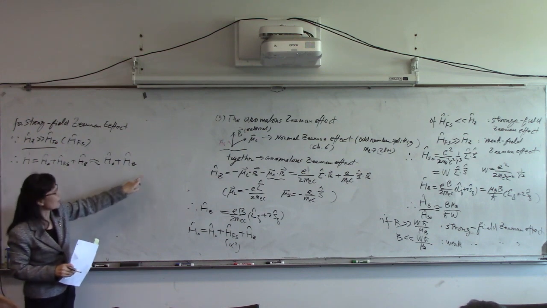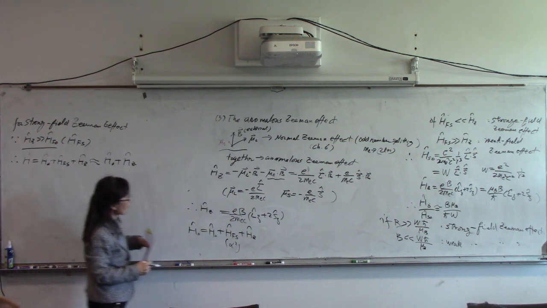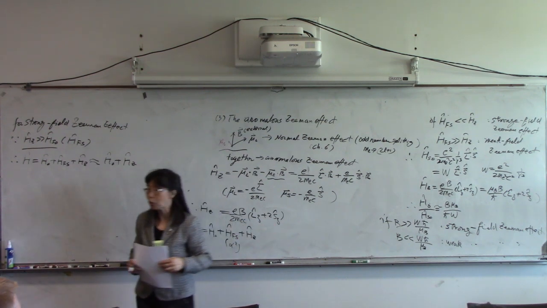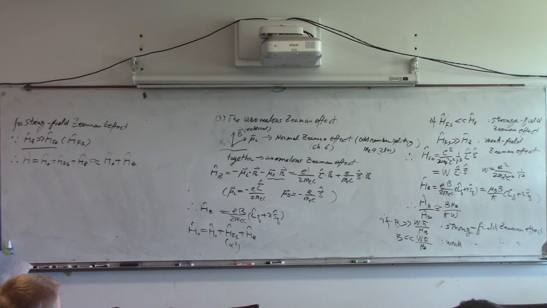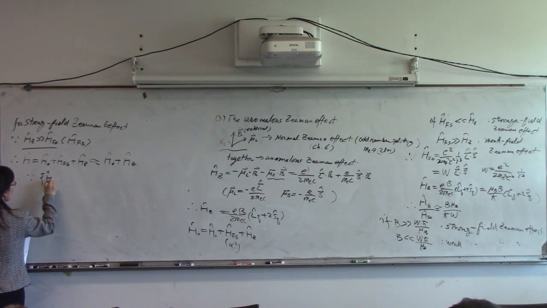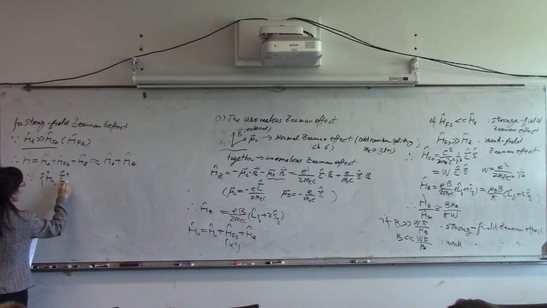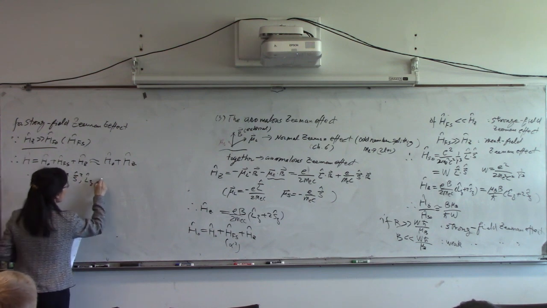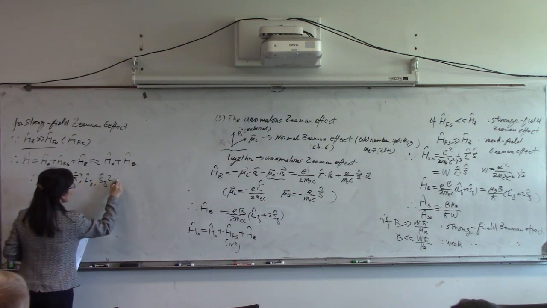So now this term has an L z and S z, so which joint eigenstates are we going to select? H naught, L square, S square, L z, S z, right? They mutually commute.